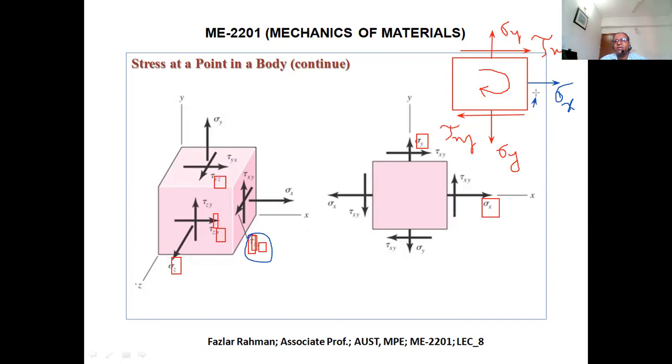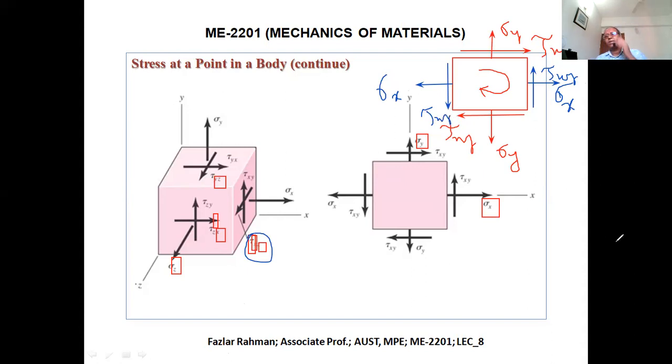So tau xy working upward. What will be on the left side? Obviously, there will be sigma x on the left side, and this is working upward. So this will be downward, and its value will be tau xy.